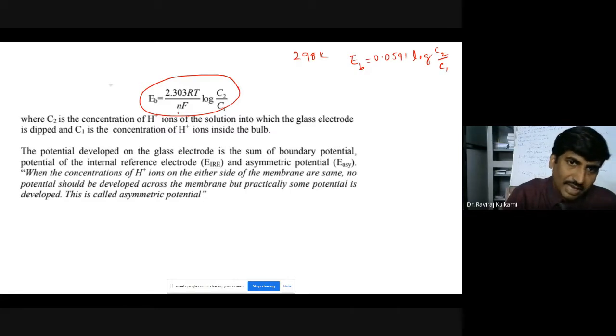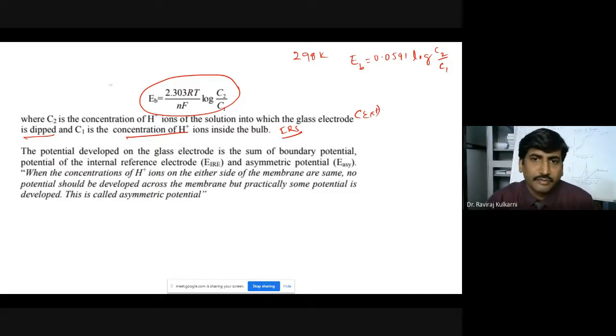C2 is the concentration of H plus ions in the external solution into which the glass electrode is dipped. C1 is inside the bulb, the internal reference solution.